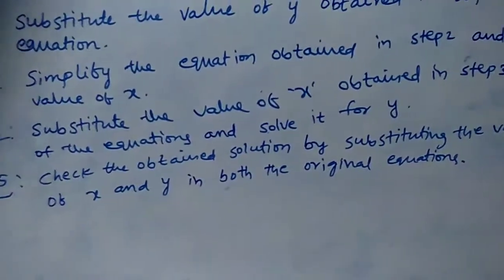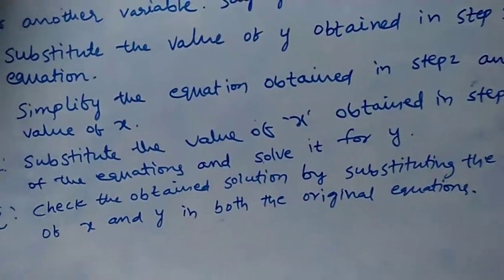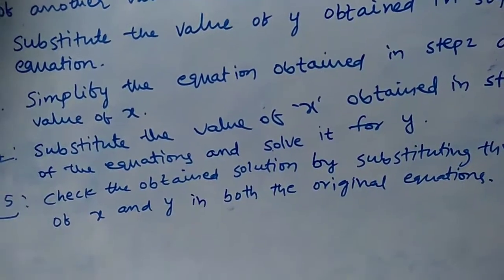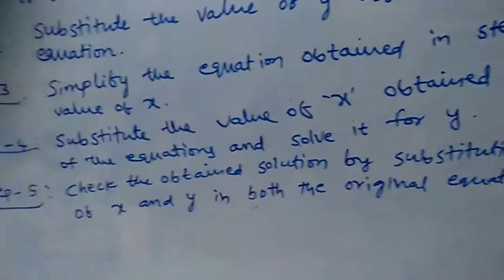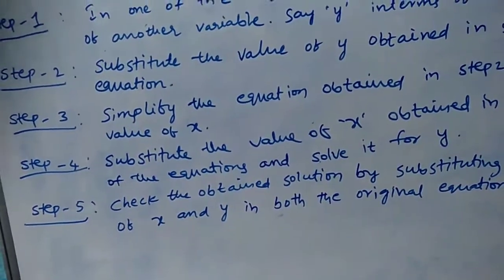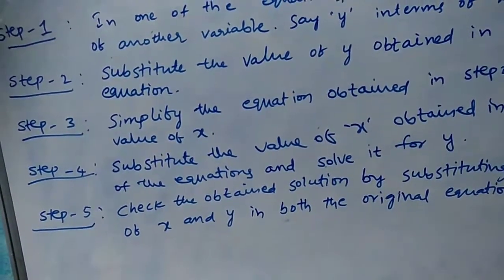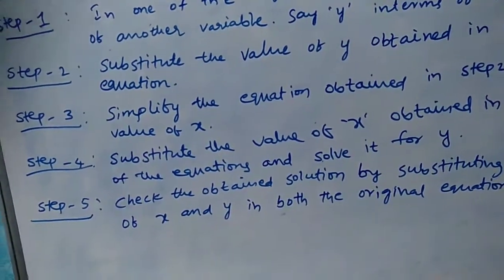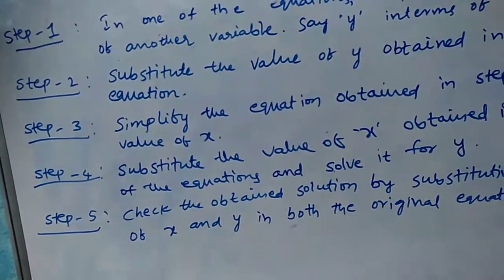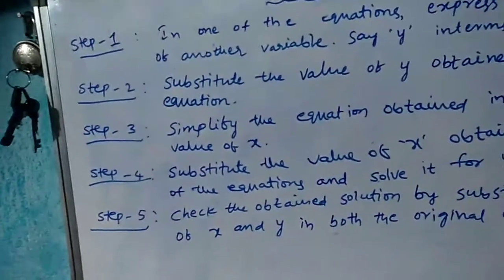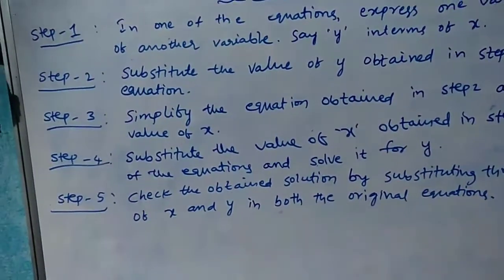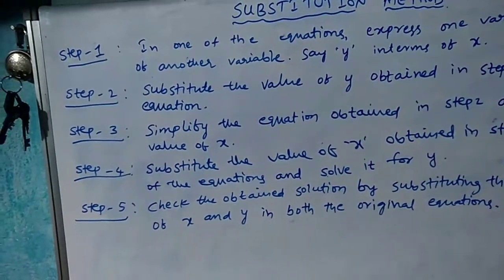If it is verified, it came correctly, means your answer is correct. If you did not get the correct answer, means you made a mistake. So in the step 5 process you will know whether you got the correct answer or not.